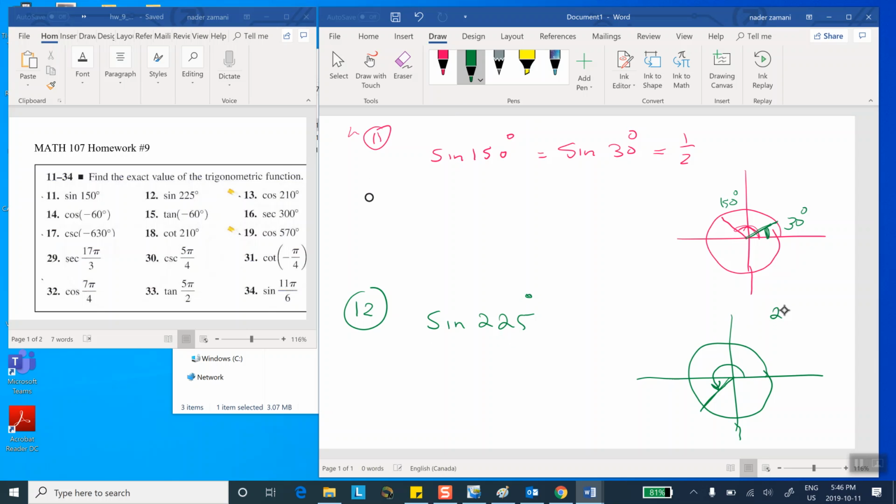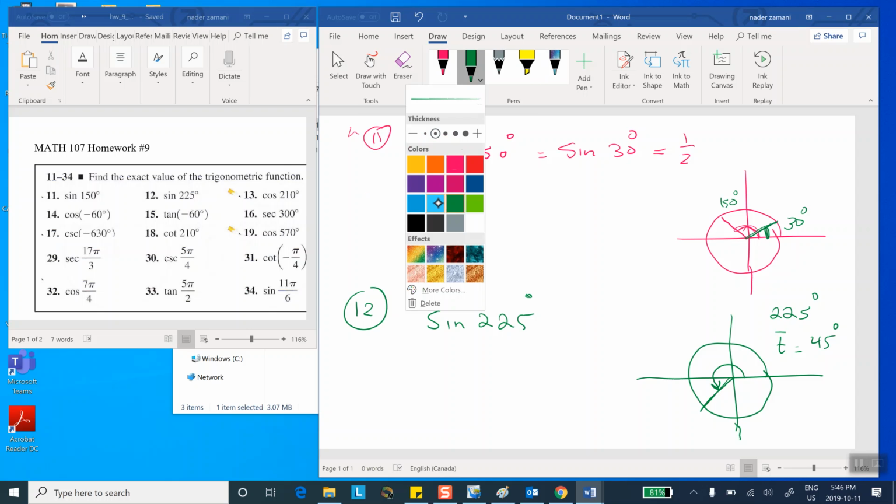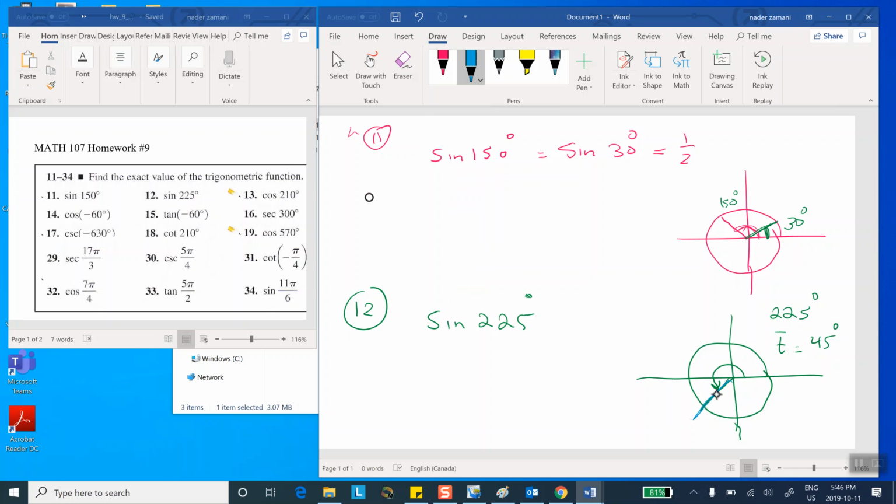225, I will write it like that, is 45 degrees. Once again, I want to remind you what the reference angle means. It means the smallest or the positive angle less than 90 between the x-axis and the terminal edge here. See this? This is the terminal edge, okay?